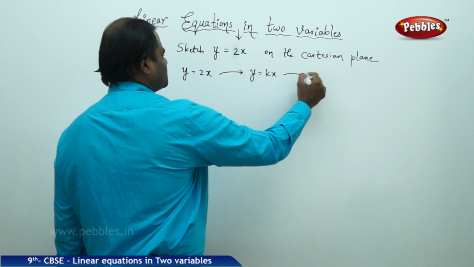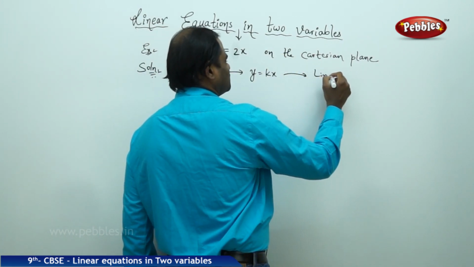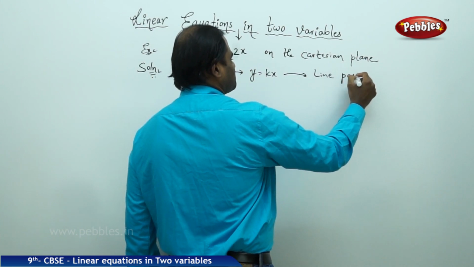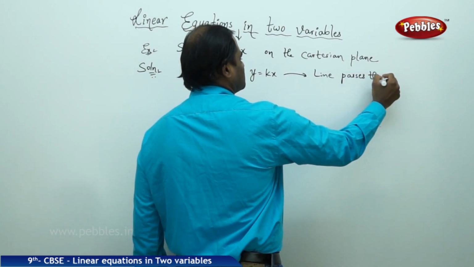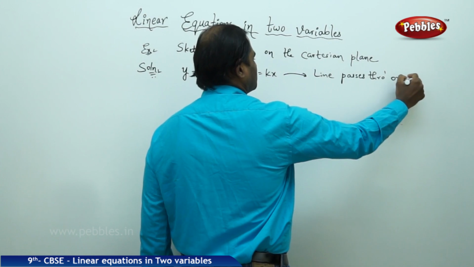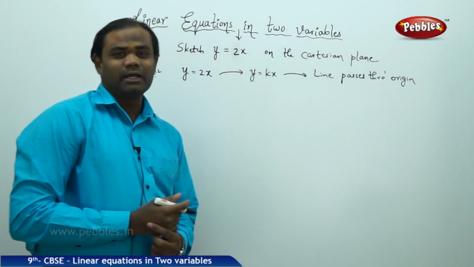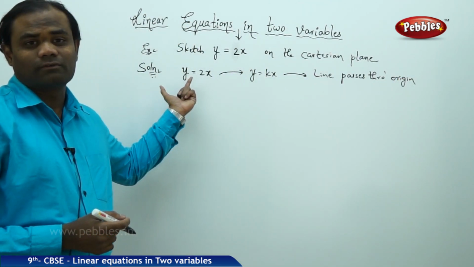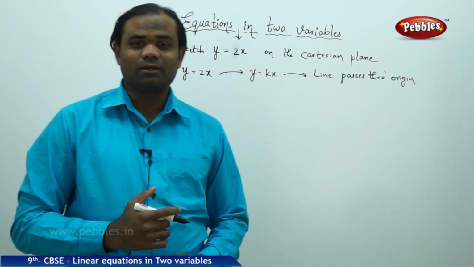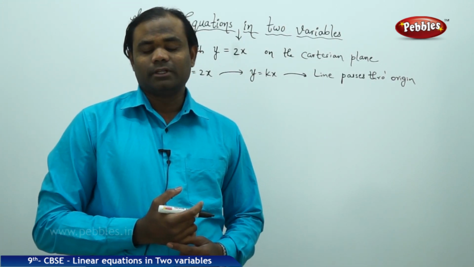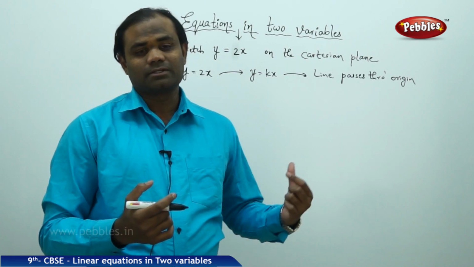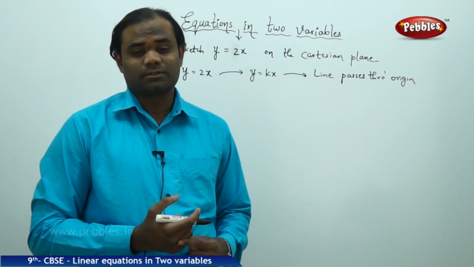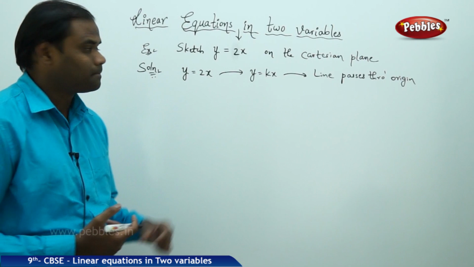So this line passes through the origin is how I understand the concept of the given example problem, y equals 2x, a linear equation in two variables x and y without the constant as a special case.